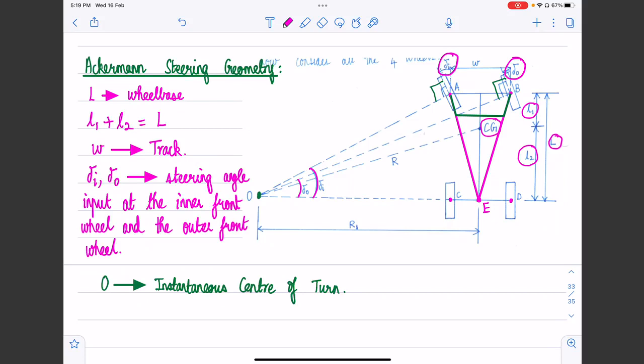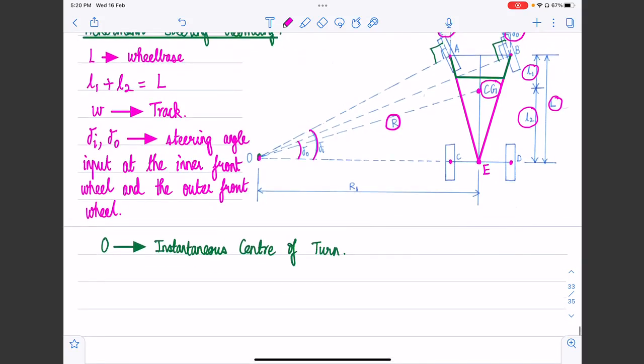Now, when we draw the line segment from the instantaneous center O to the center of gravity, the length of that line segment is R, and R is the turning radius.